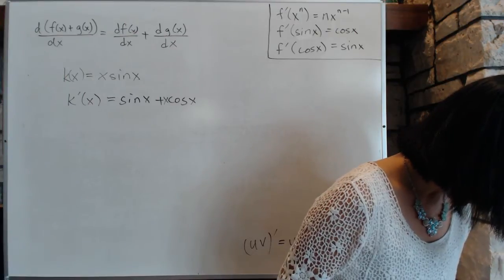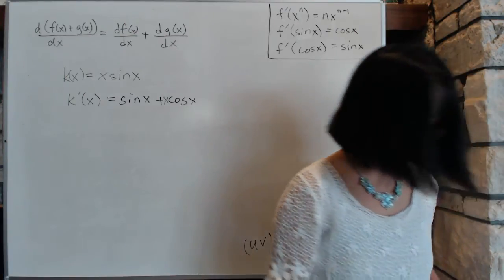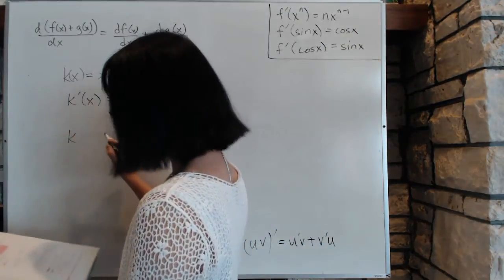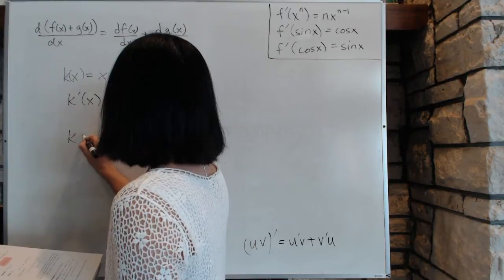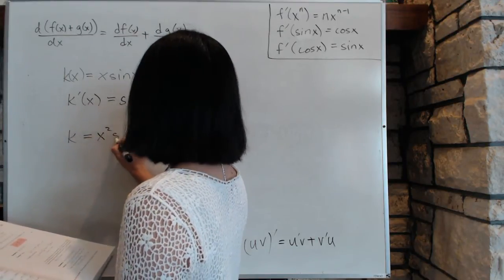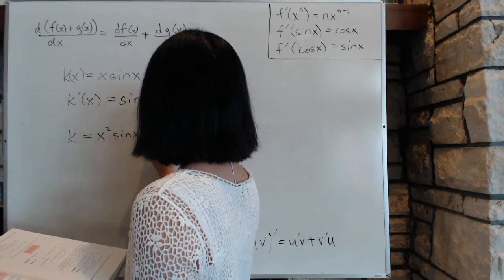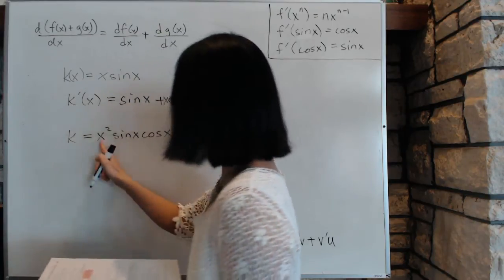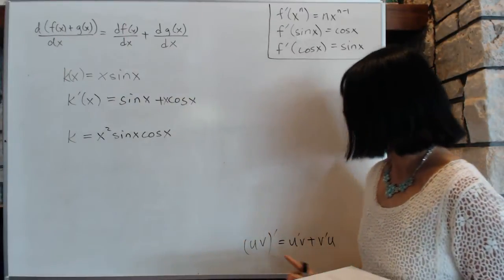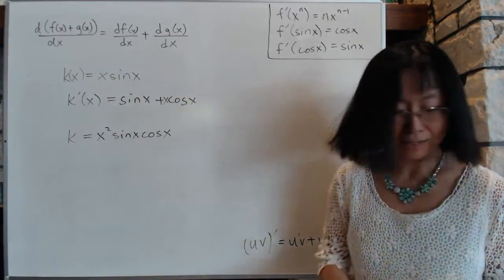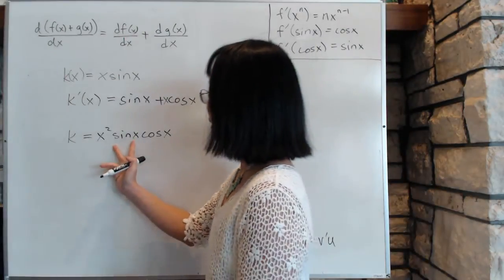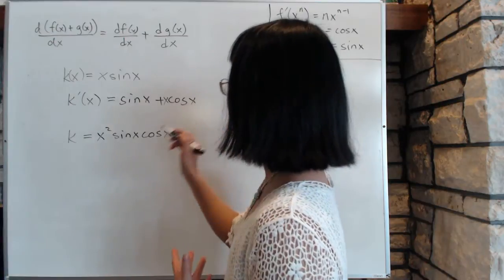Okay, let's look at a different problem that is slightly more complicated. Let's say we have k of x equal to x squared times sine x cosine x. So now you have three things to multiply together, whereas the product rule only has two things. To do that, you calculate two chunks at a time.